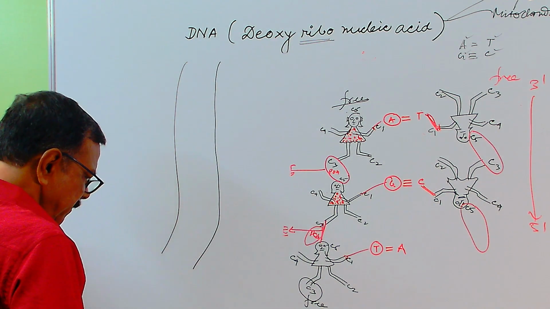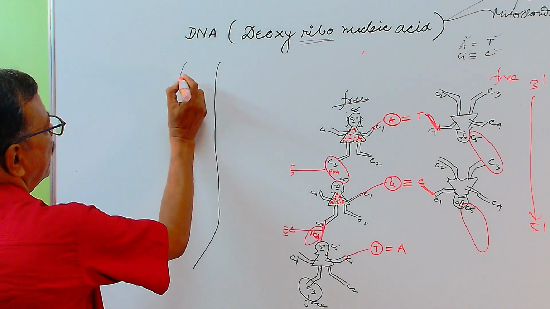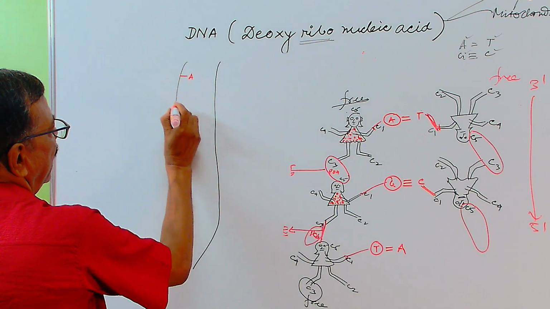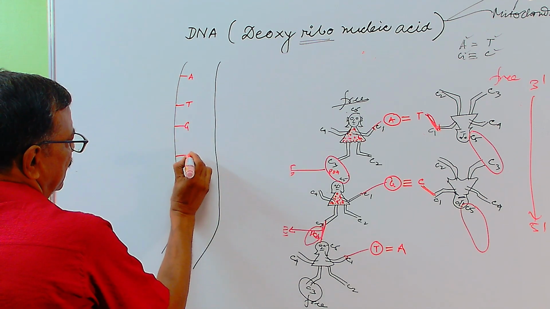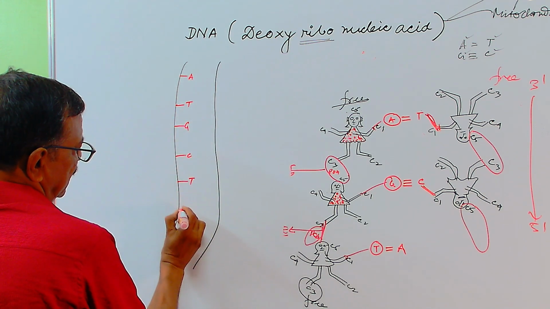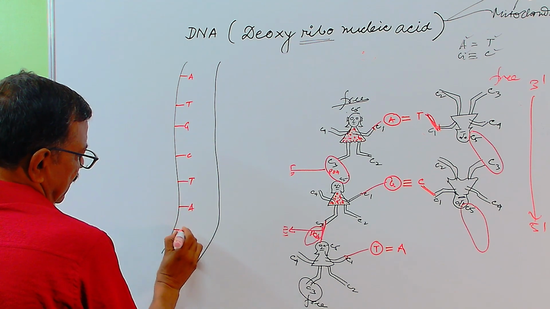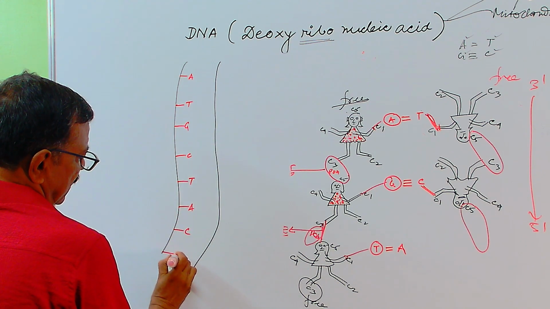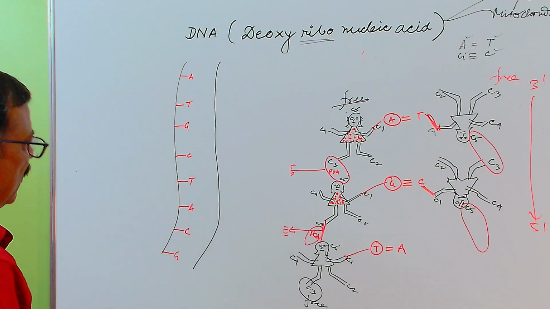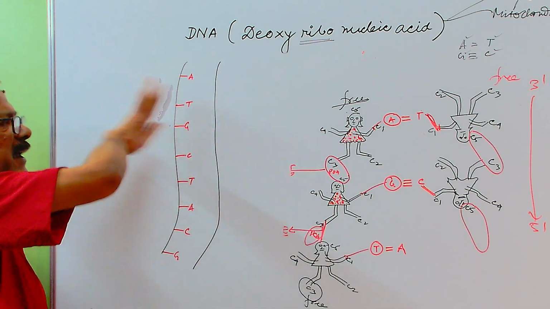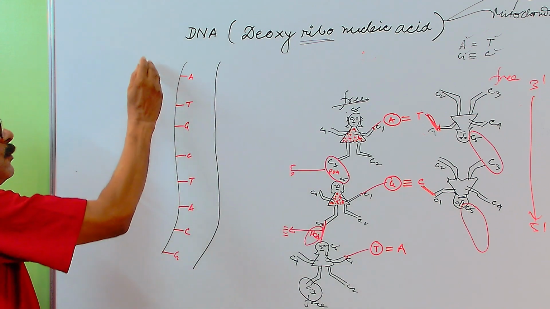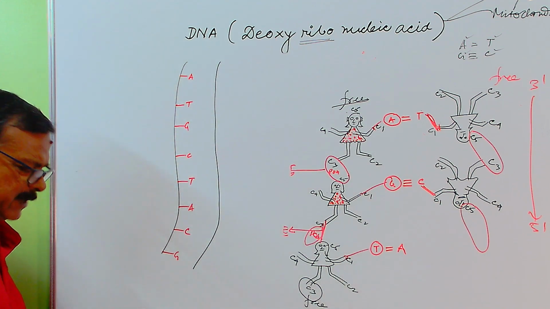So it will remain joined with A, T, G, C, T, A, C, G, like this. That is one part. These nitrogenous bases will be inside, and sugar and phosphate will be on the outside.